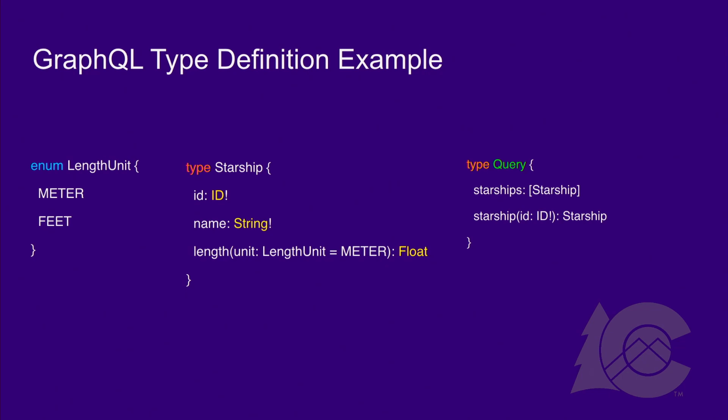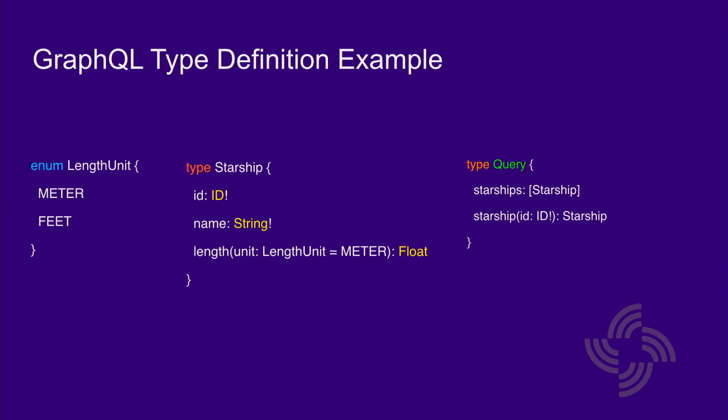Then you can see we've got the name definition, and then we have length as well. It's interesting to note here that length is a function. We're passing it a unit, which will affect the size of the float that it returns. So if it's meter or feet, that'll be what the length returns. On the right side, this is a very special type, query, because these are the top level queries where you start in your GraphQL query.